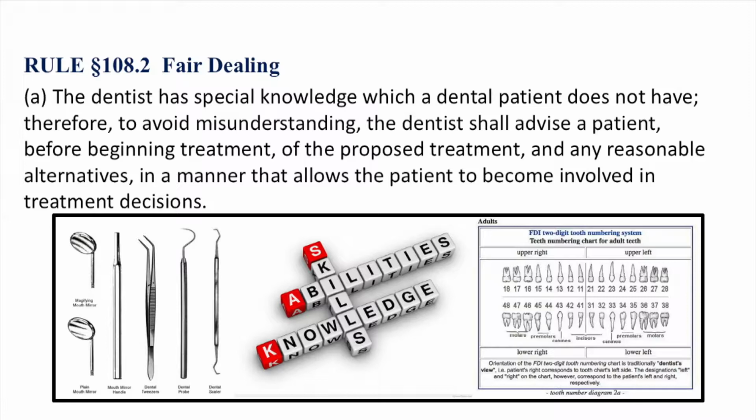It also states in Rule 108.8 that as part of the dental record, you are required to have not only the proposed treatment or treatment plan, but also the options, or alternatives, that are available for any given treatment. So this information, this proposed treatment and reasonable alternatives, are not only required under Rule 108.2 Fair Dealing, but these items are also required under Rule 108.8 as part of the record keeping requirement.